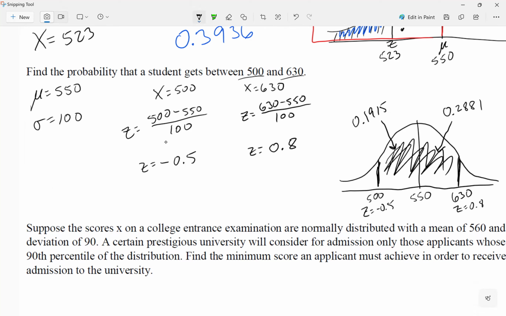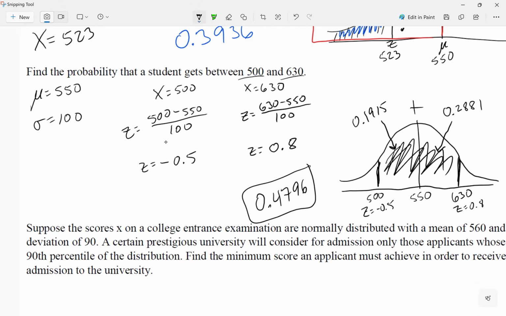So what will be the whole area? Just add them up. 0.1915 plus 0.2881. And in this case, my answer happens to be 0.4796.